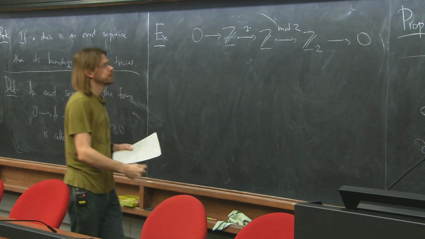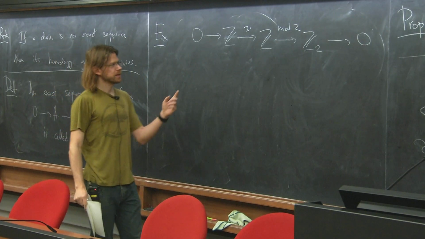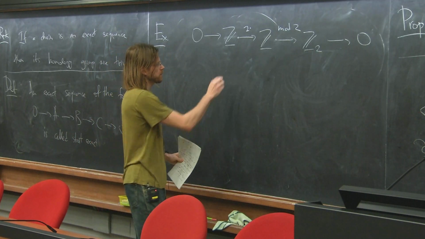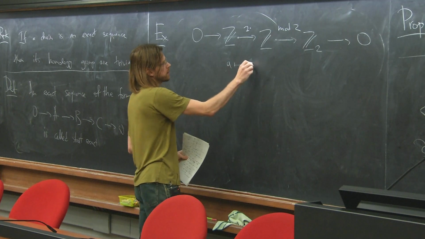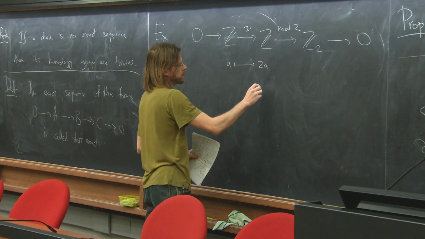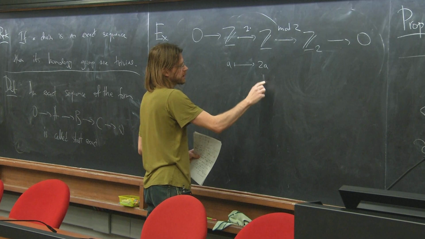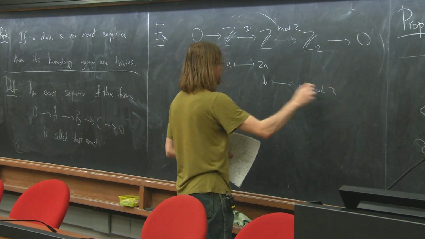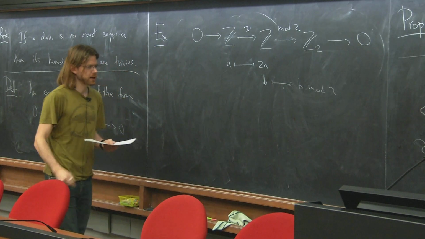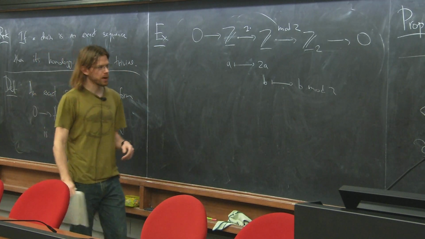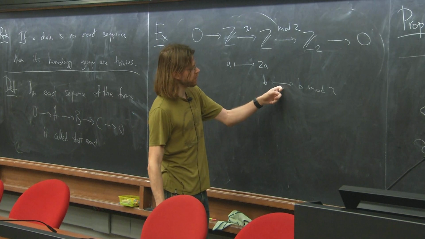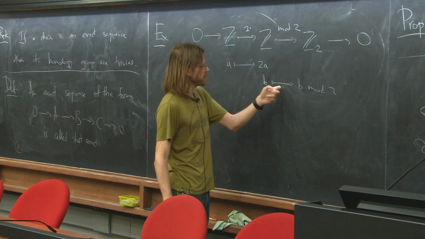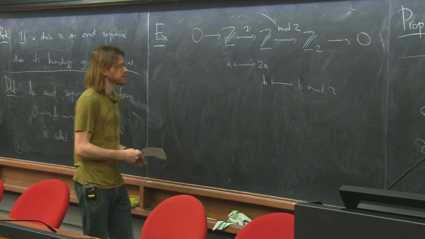Both are indeed homomorphisms. If I take a number a here, it goes to 2a, and if I take any number b, it goes to b mod 2. The composition of these maps is trivial. Moreover, the kernel of the second map, the even numbers, is exactly the image of the first map.